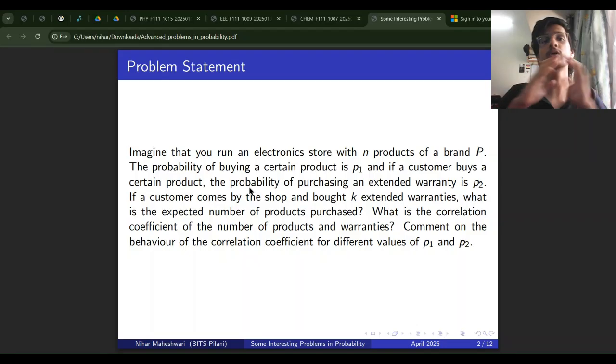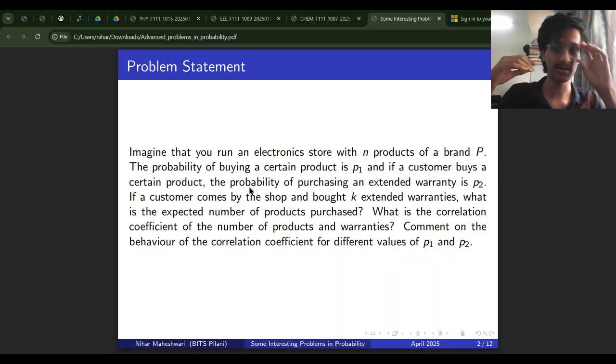So maybe I can try figuring out the conditional PMF of Y given X. What I mean is that suppose you've bought X products.